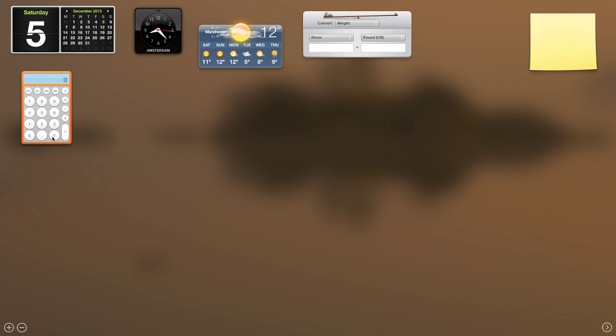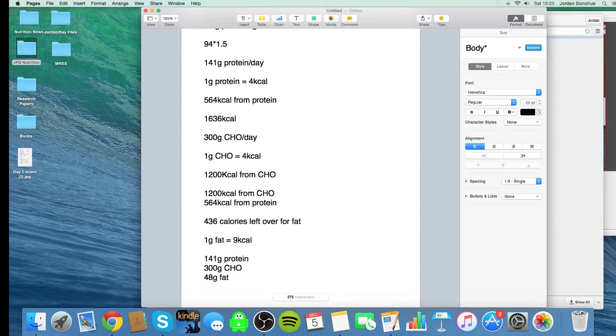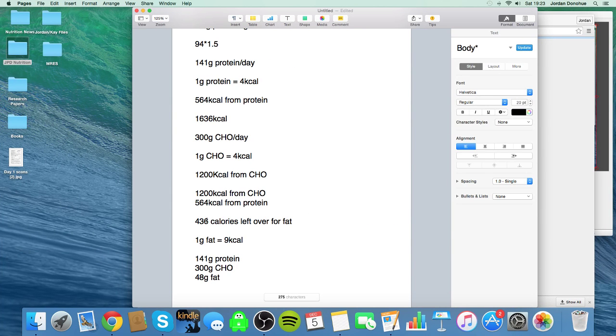So let's start again. 141 times 4 gives you 564 calories. 300 times 4, 1,200. 48 times 9, 432. We didn't do the 0.4, so it's 436. And then you would add all those together.